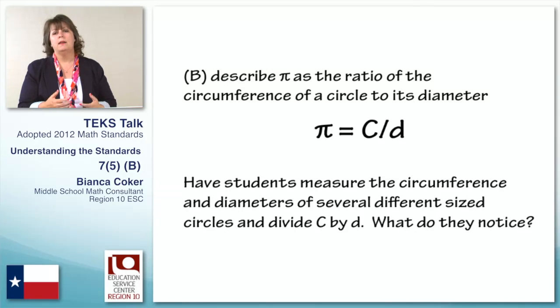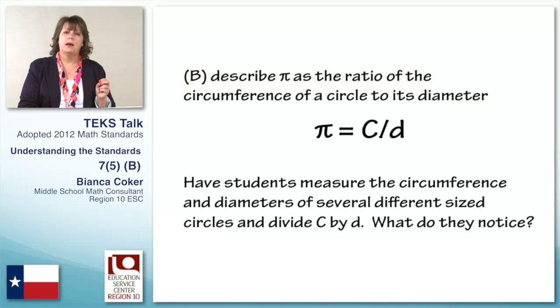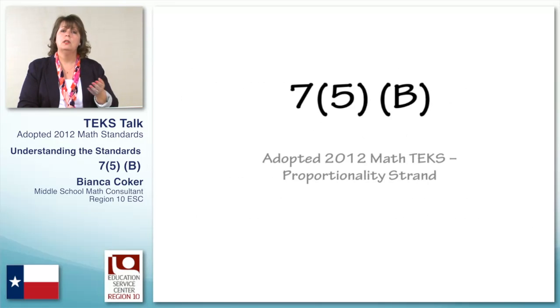In this case, what they've done is inductive reasoning from the patterns, verbalized and then written down a conjecture about all circles. And that's really what this standard is about. Understanding the relationship between the circumference of a circle to its diameter, and that is that universal constant, that naturally occurring number of pi.